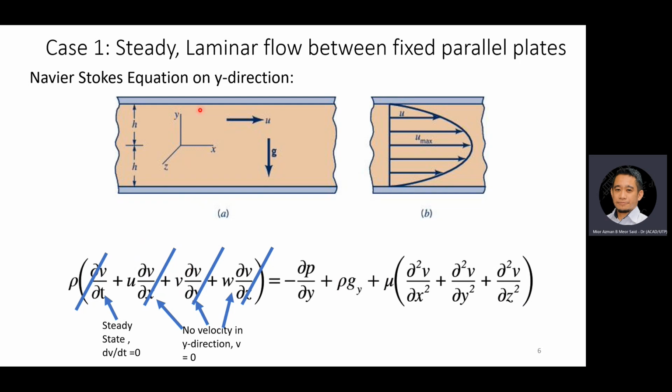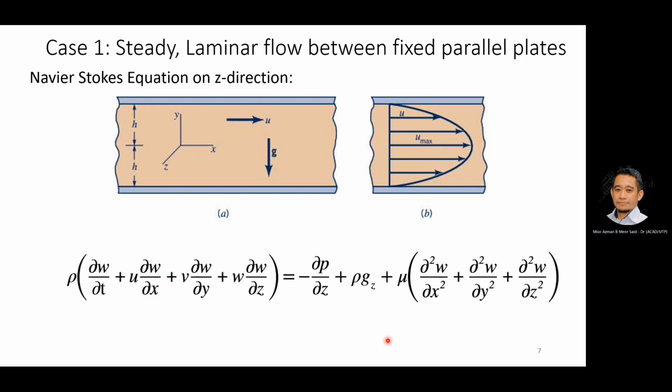All terms become 0. Only u exists. So we are just left with these two terms here.